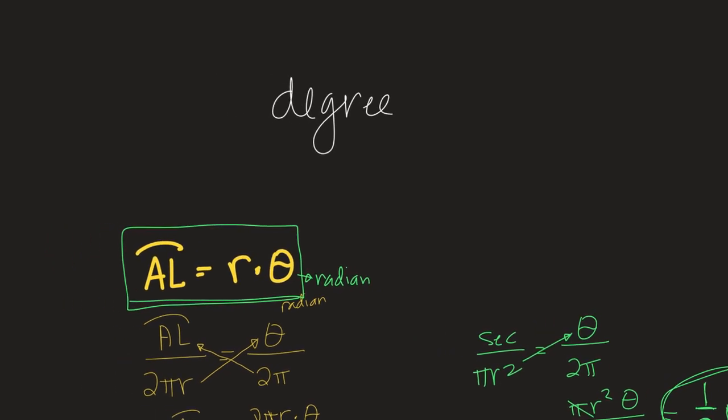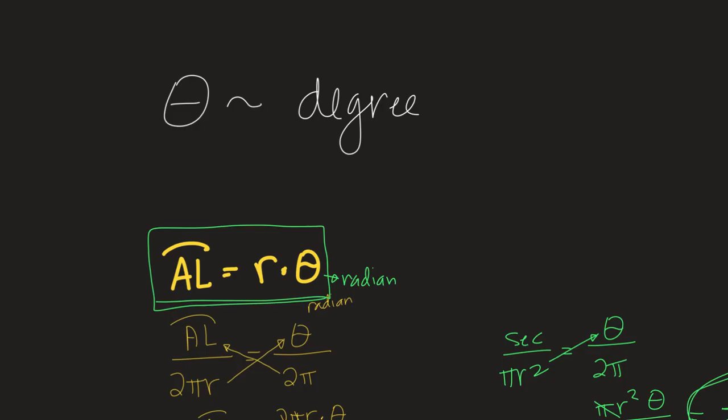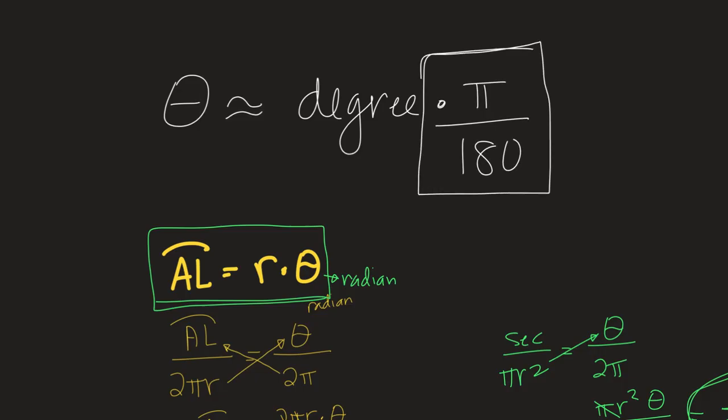So if we want to figure out what the radian is, theta, it's the degree times pi divided by 180. This is our comparison. Pi radians equals 180 degrees. Using some chemistry stoichiometry, the degree will cancel out with the degree, and we're going to have our angle in terms of a radian.